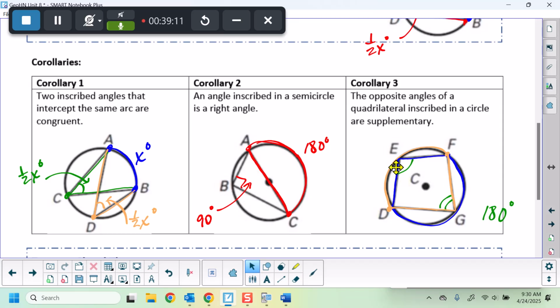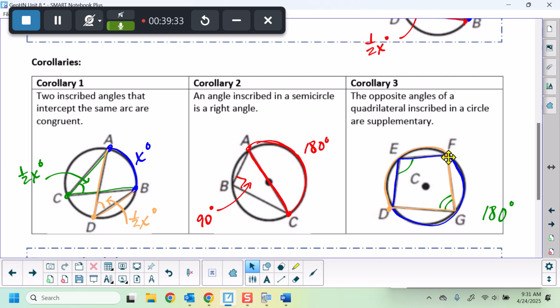Check it out. Do you see how this orange angle is created from this intercepted arc? Do you see how this blue angle is created from this intercepted arc? Do you see how orange plus blue gives you the whole circle?